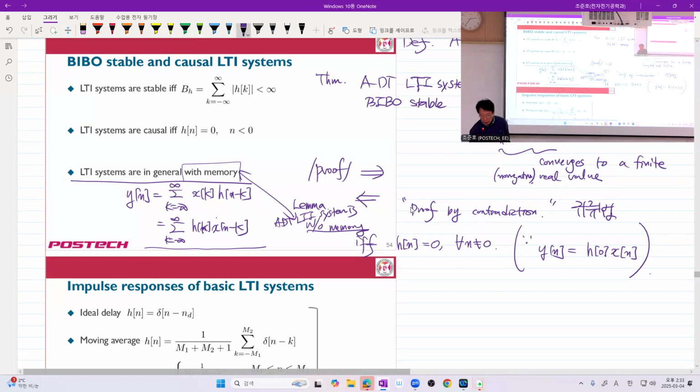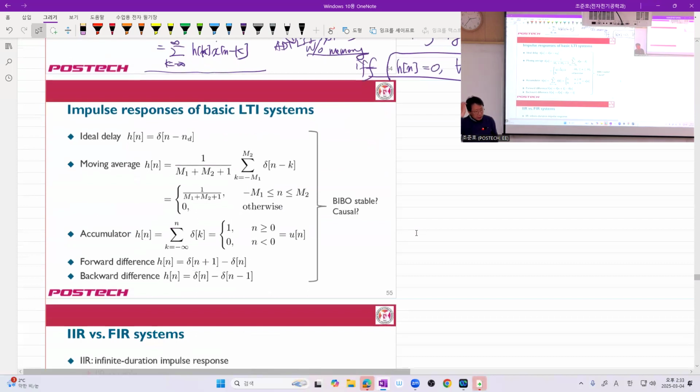Again, here we could state the property of a memoryless DT LTI system in terms only of our impulse response. Got it? Now let's see some other examples.